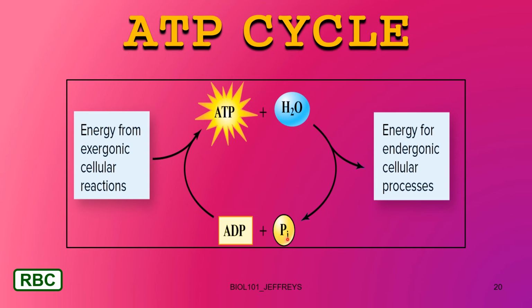Then that free phosphate, here you see it, is recycled in the milieu. Now, this is ATP, adenosine triphosphate. When you take off one phosphate, then you have the adenosine with two phosphates connected. We call that now ADP, adenosine diphosphate. If you take off another phosphate, then you have AMP, adenosine monophosphate.